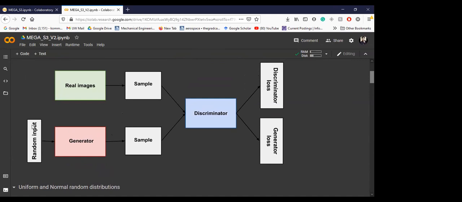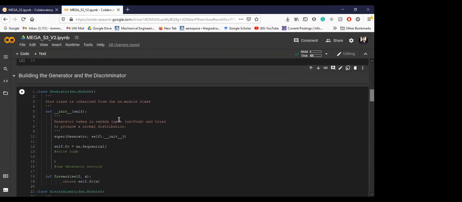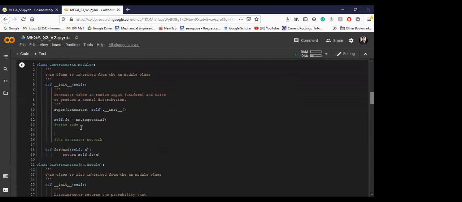We have built the random input, and we have real images, or we have the data set. And if we have a data set, we can have a sample. So now we need to build the discriminator and the generator, and these are both neural networks. So let's build the neural networks for them.